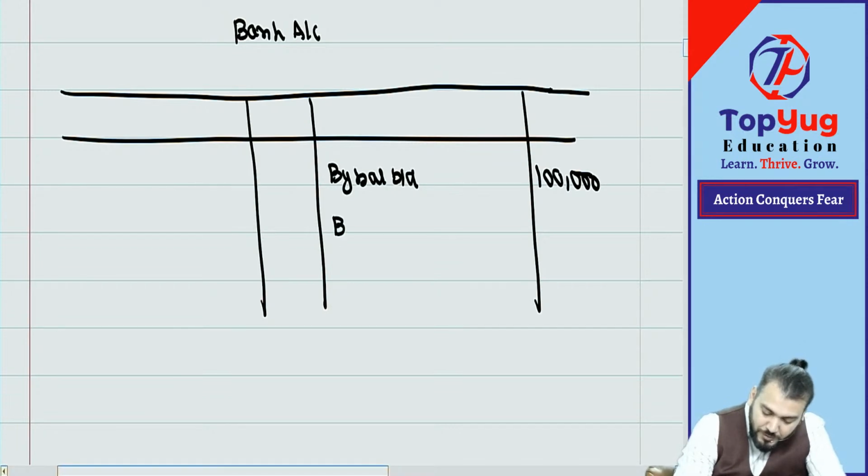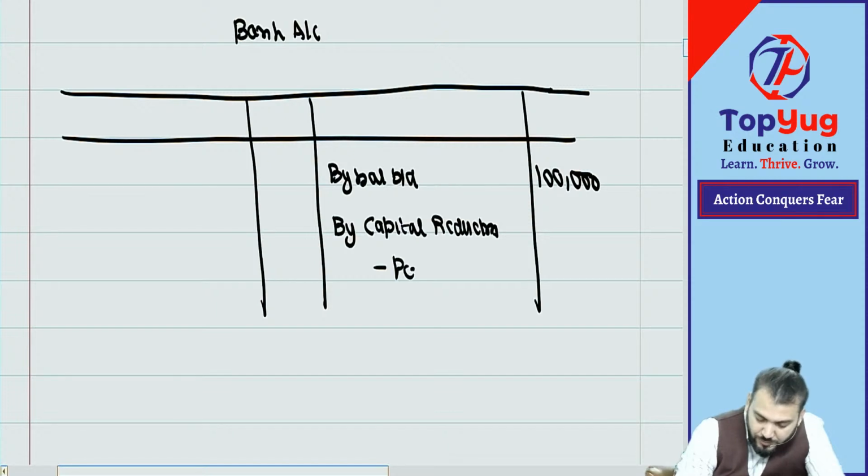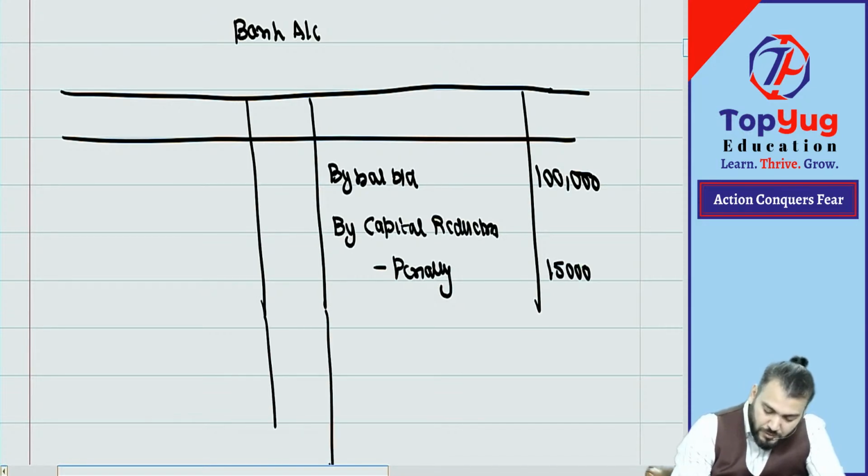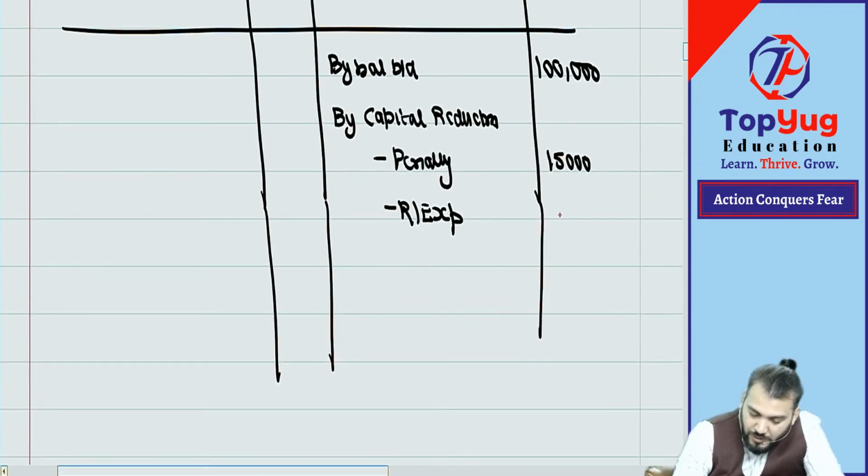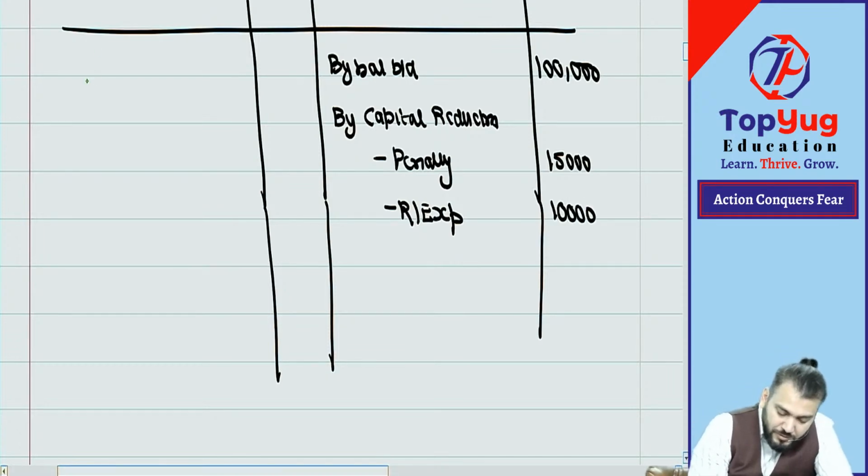Payments: capital reduction, by giving a hyphen, you can add penalty. How much? 15,000. Then add reconstruction expenses. How much? 10,000. Then that is a receipt. To capital reduction.